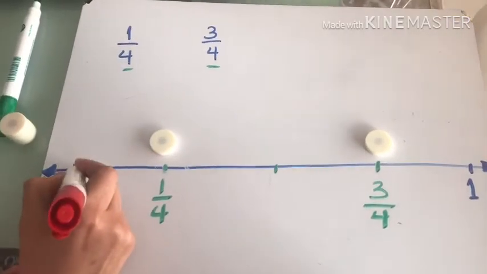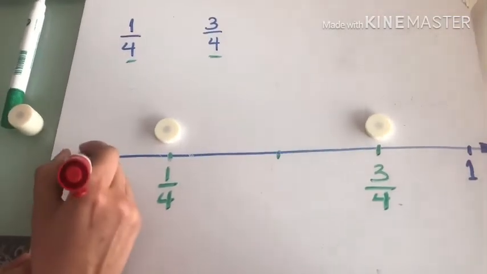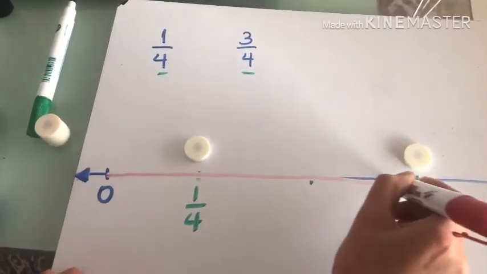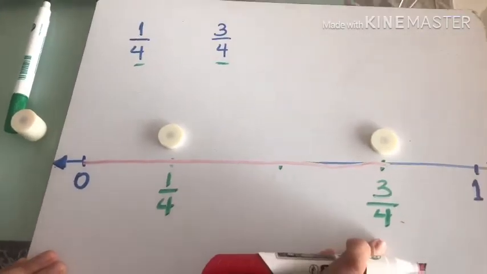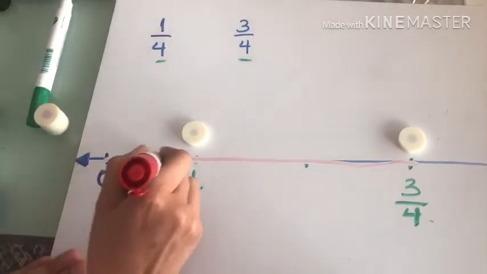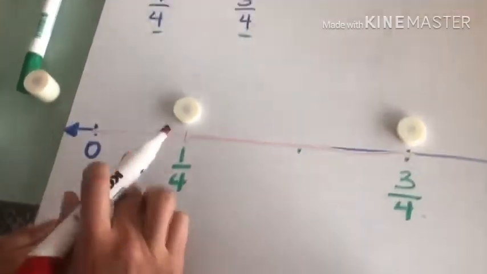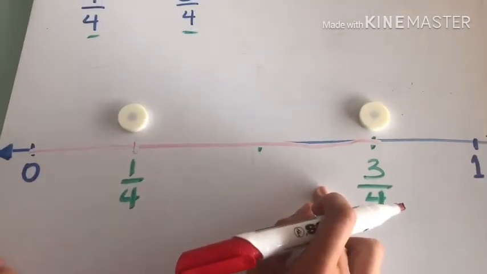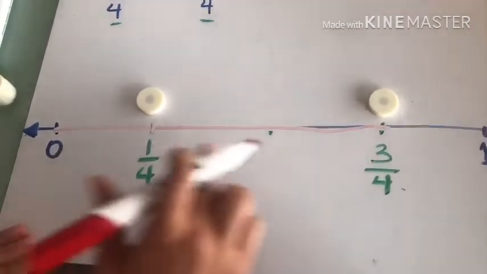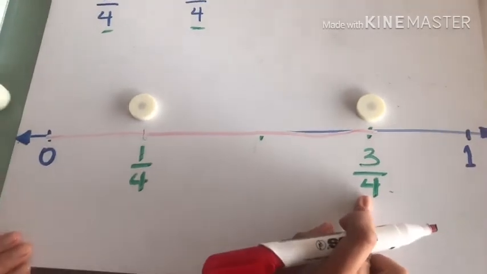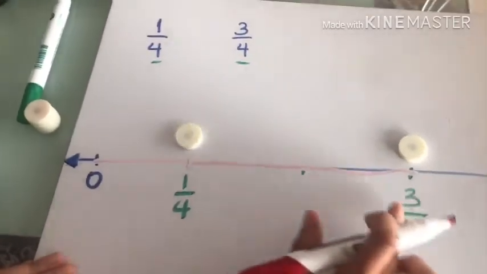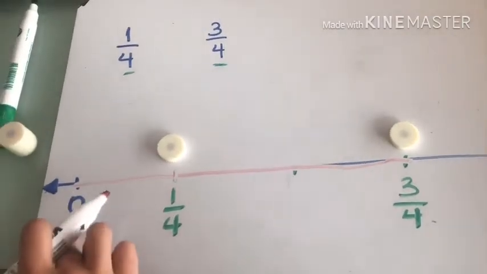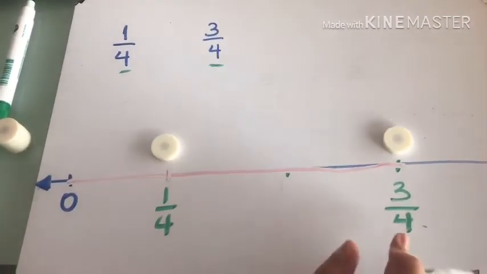Look, if we take the point from 0 and we trace a line all the way up to 3/4, or we trace a line in 1/4, which one will be bigger, the 1/4 line or the 3/4 line? Correct. The 3/4 line is way longer and it's way farther from the 0. Is the one that is farther away from the 0.